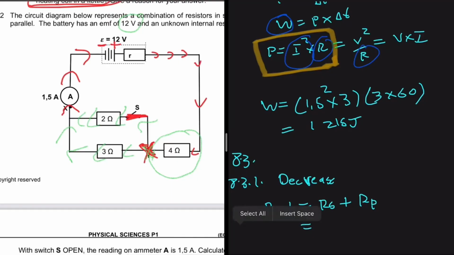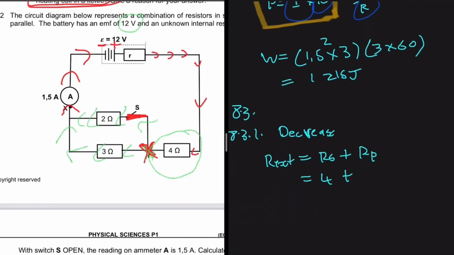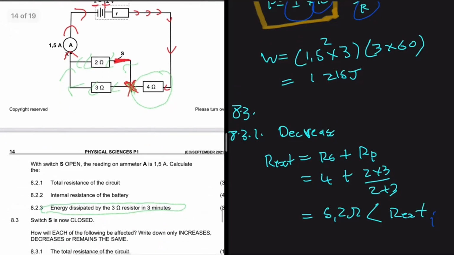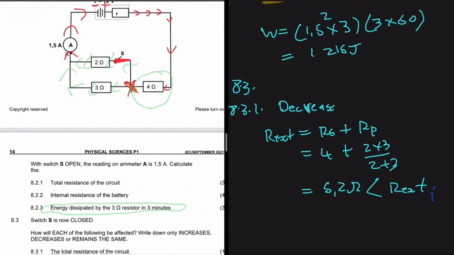So this is going to be 4 ohms plus, now the 3 and the 2 ohm sit in parallel with each other, so 2 multiplied by 3 divided by 2 plus 3. And that is equal to 5.2 ohms. Clearly, this is less than the R external we had initially, which was 7 ohms.